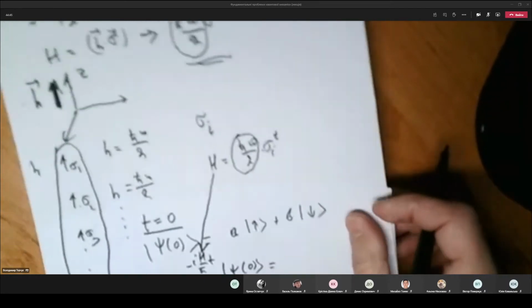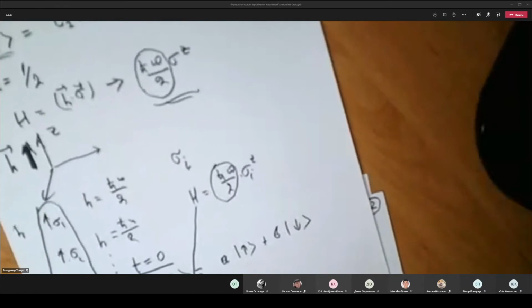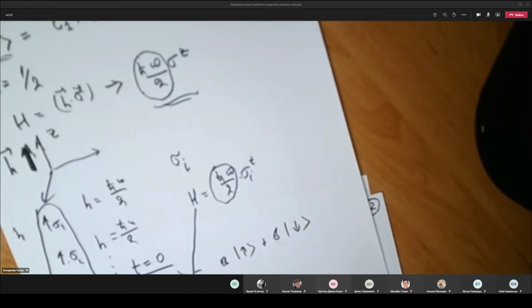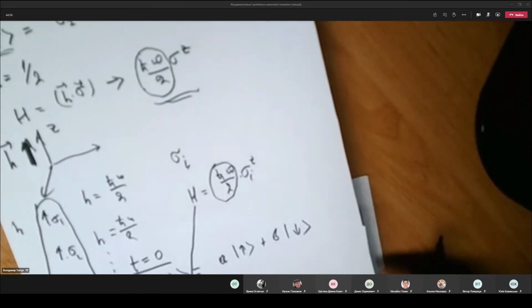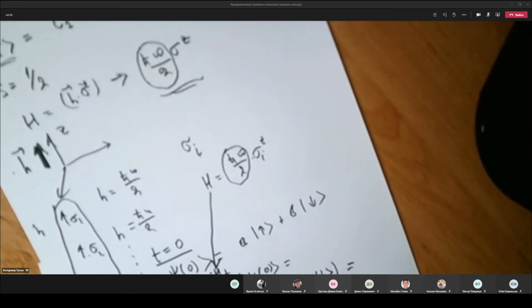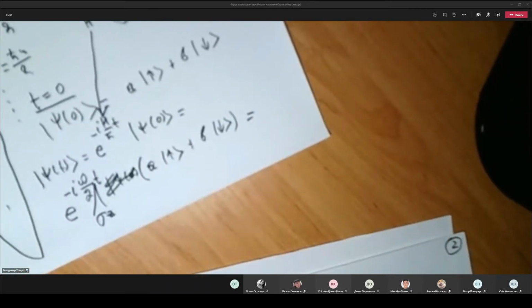We can calculate it very simply. Sorry, I forgot to write sigma z here. So, sigma z. I verify it's the same notation. Okay, it is the same notation.